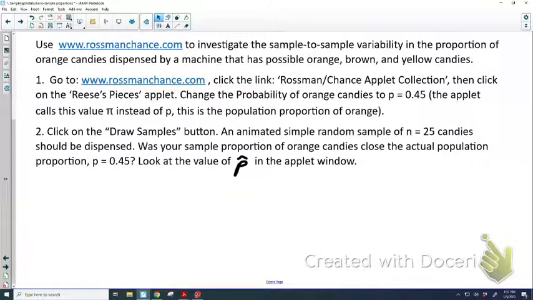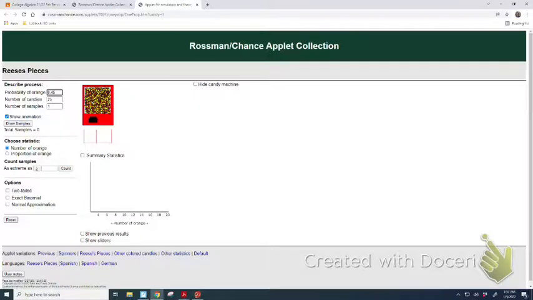So I ask you to keep it at 25, and it's already at 25. Right now I'll leave the animation on. Let's change this to proportion of orange, and let's draw a sample. This is going to do one sample of 25 candies.